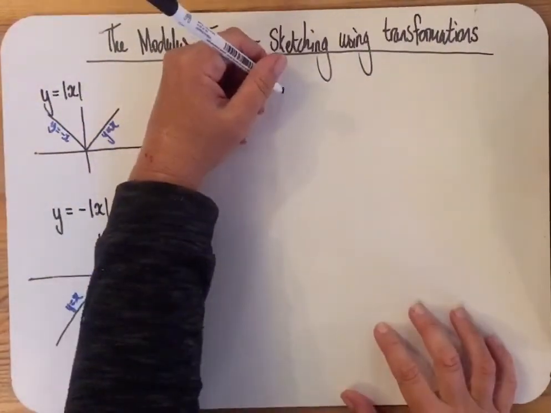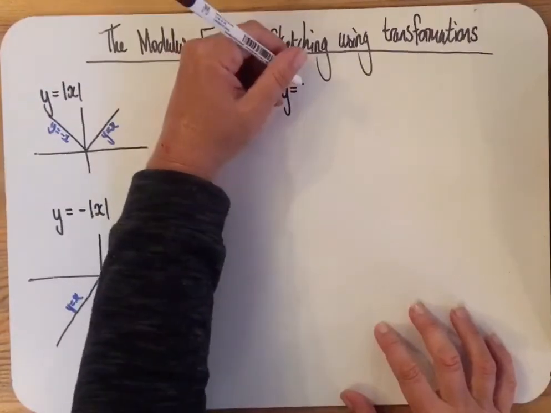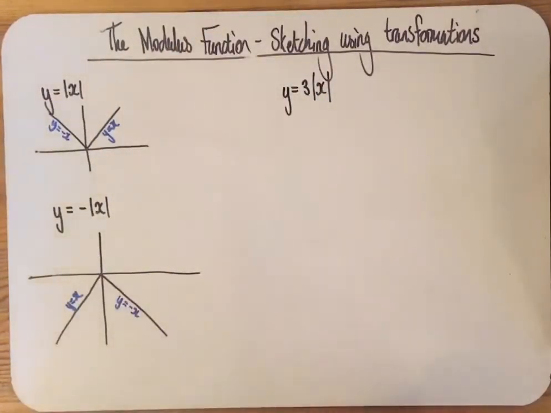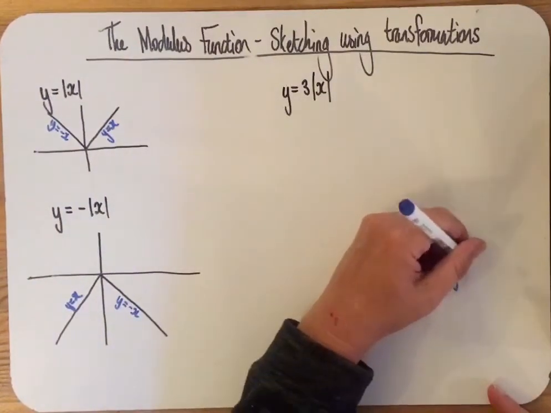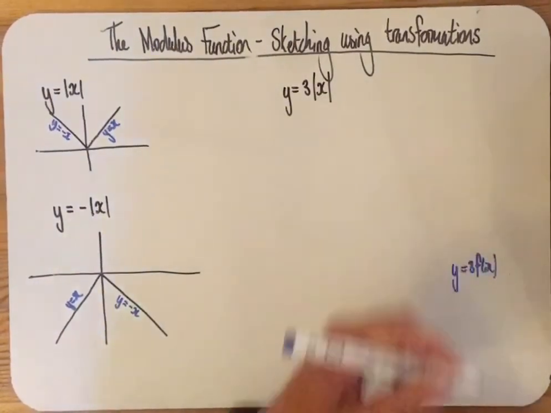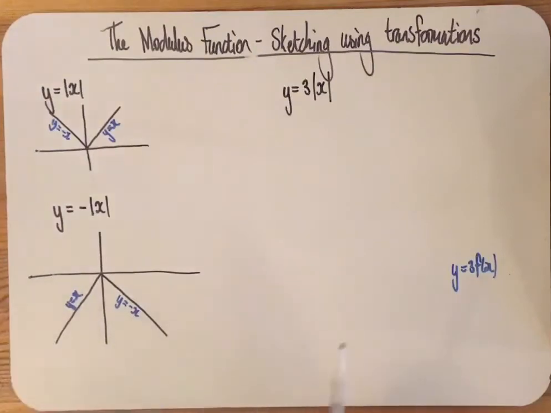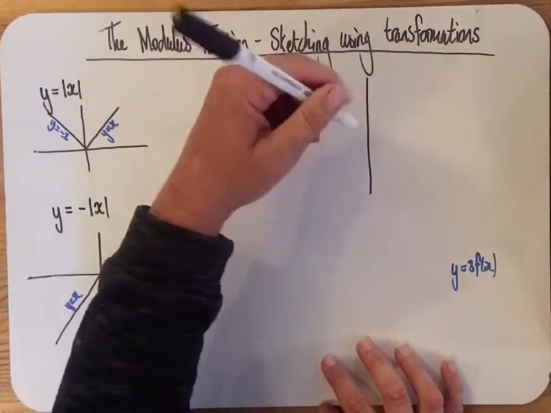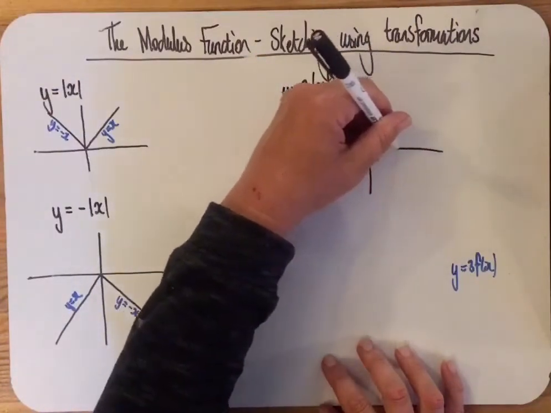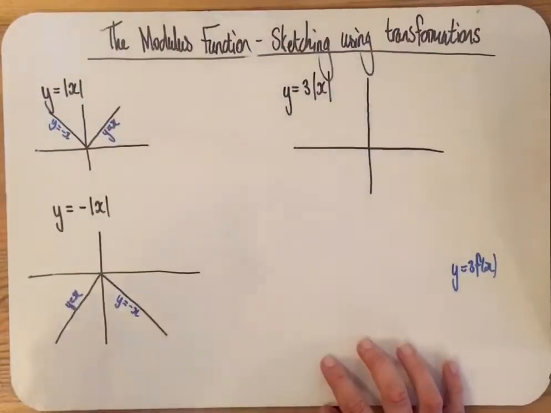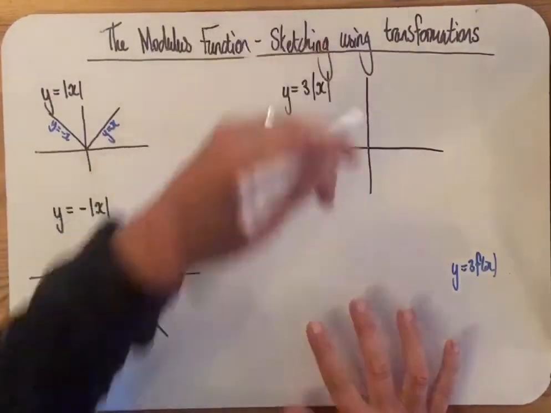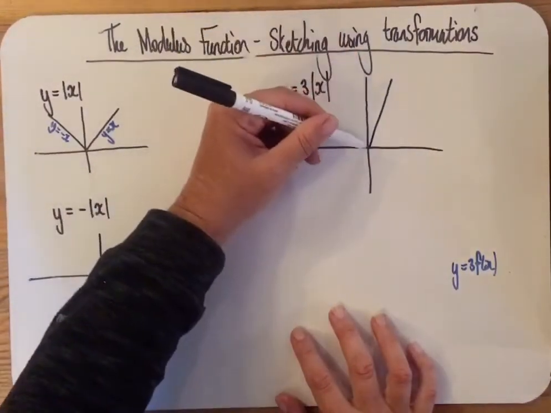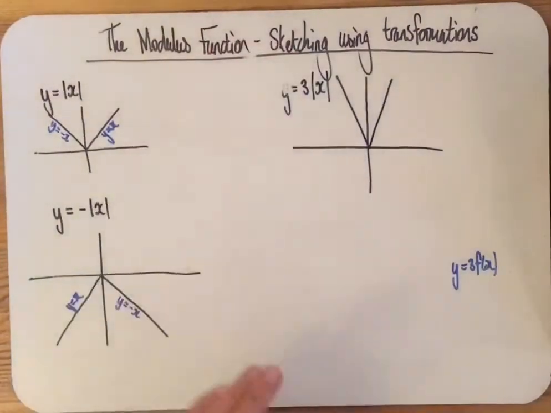If we've got y equals 3 lots of the modulus of x, that's like having y equals 3 f of x. So that's a stretch by scale factor 3 in the y-axis. And so the curve is going to be looking like that.